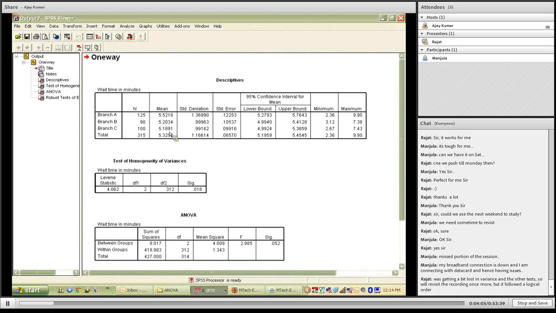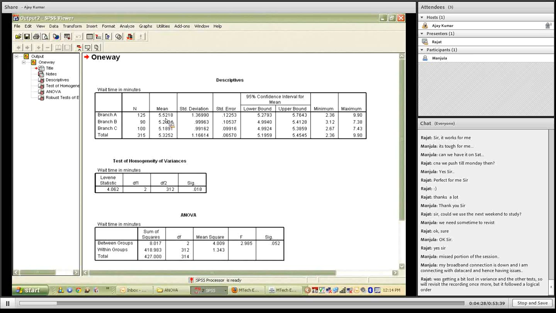Then we also tried to understand the importance of standard deviation in making meaning out of it. The standard deviation in branch A is the maximum, at 1.3 minutes, with the mean being 5.5.